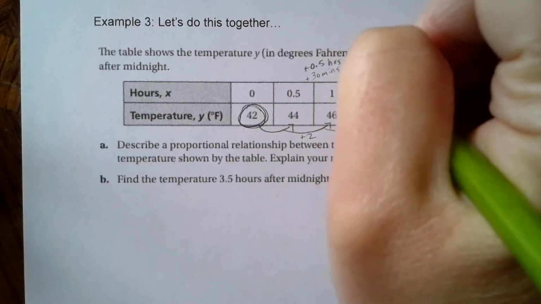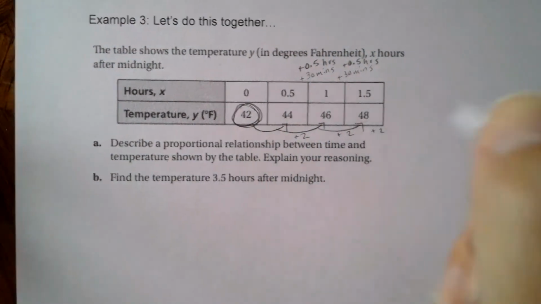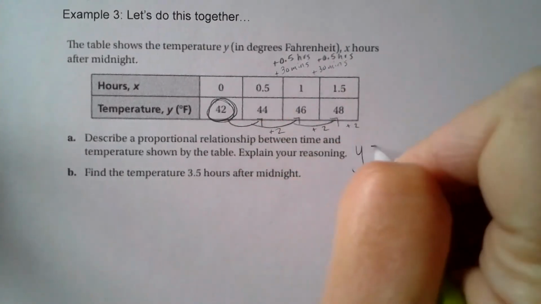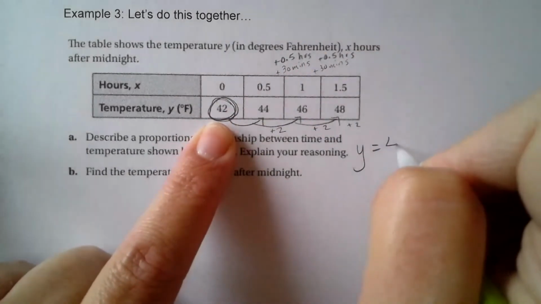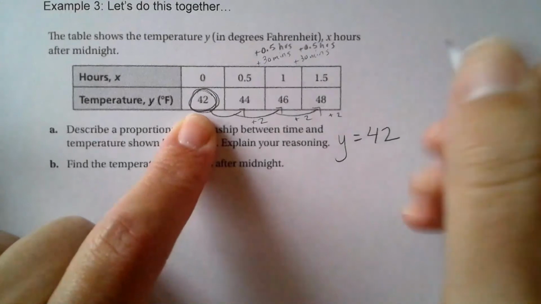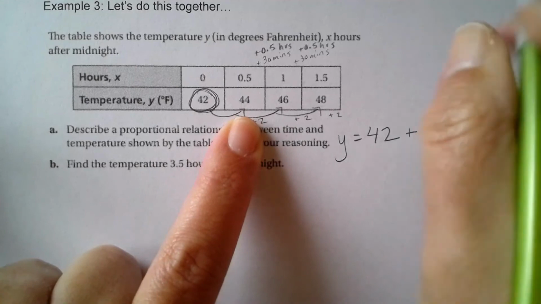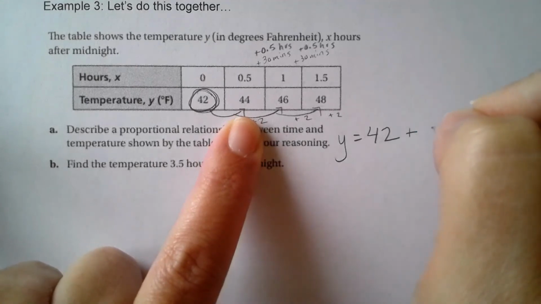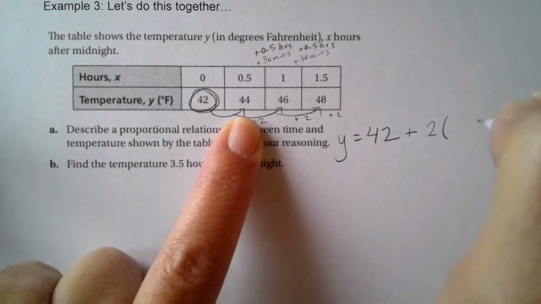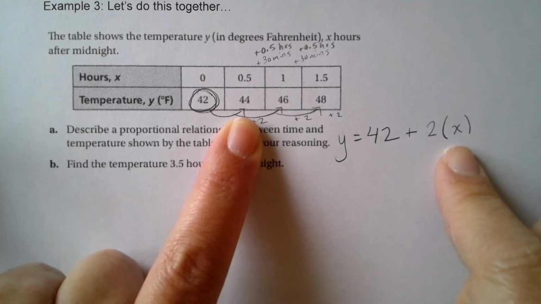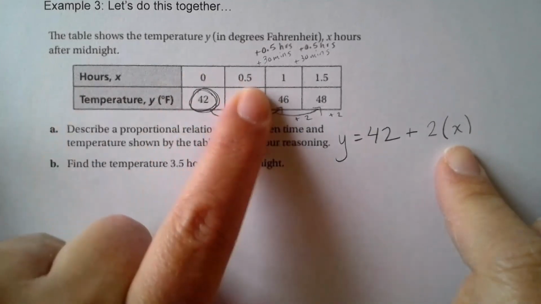I actually should go 0.5 hours plus 0.5 hours. Okay. All right, so we know that the temperature, Y, started at 42 degrees after no hours, plus it's increasing 2 degrees times the change, every half hour.